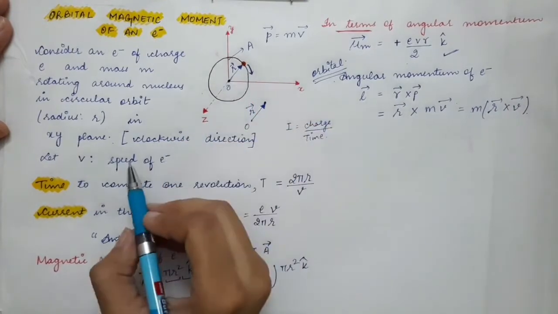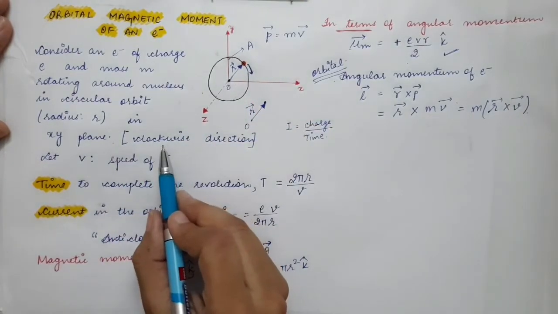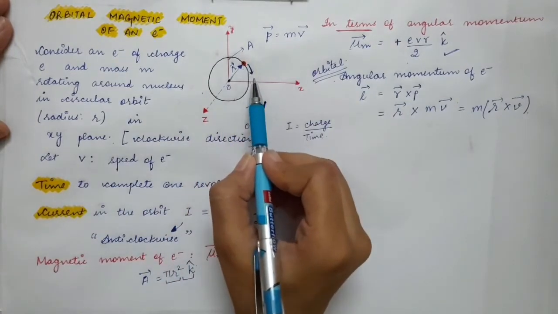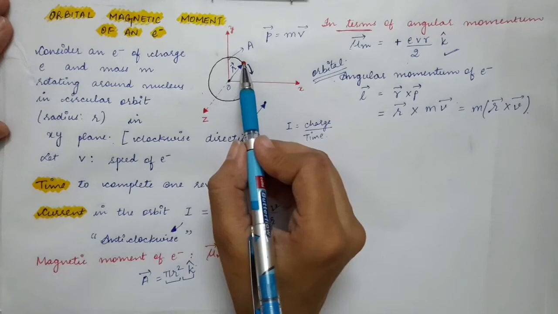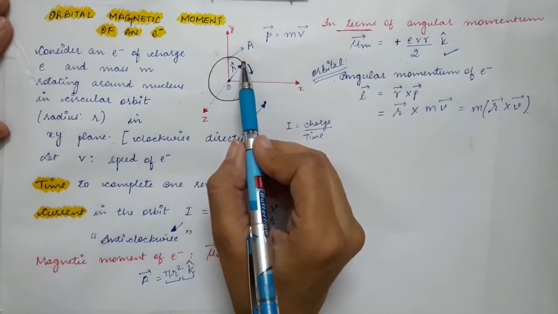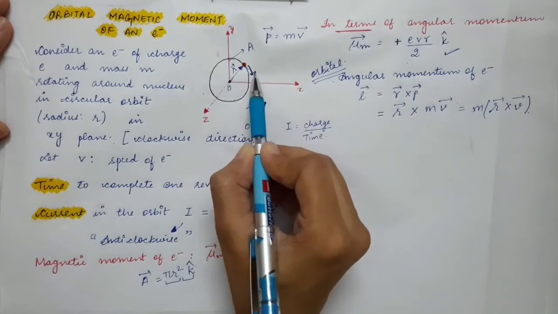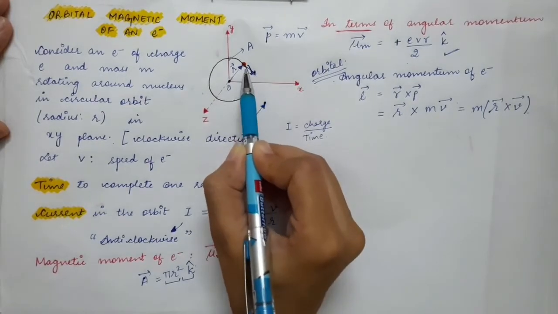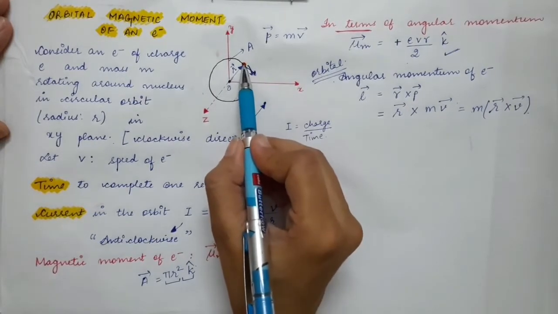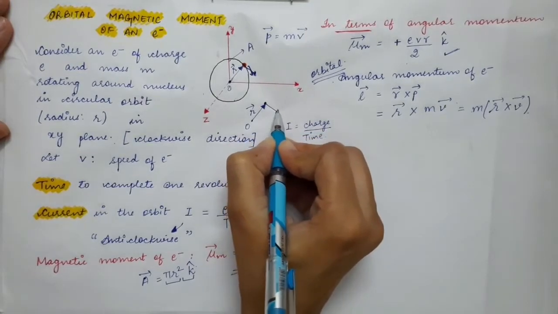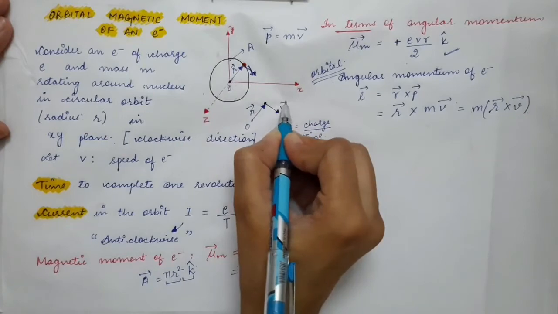As we have said, the electron is rotating in the clockwise direction. So the velocity vector v vector at this point will be pointing in this direction, meaning tangential. So this will be the direction of the velocity vector at this point.